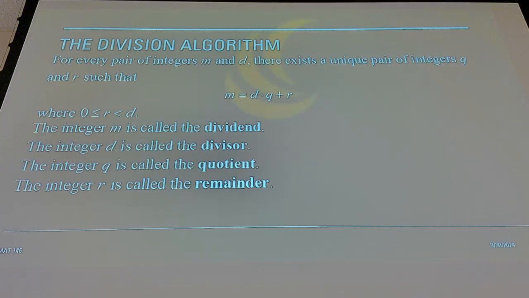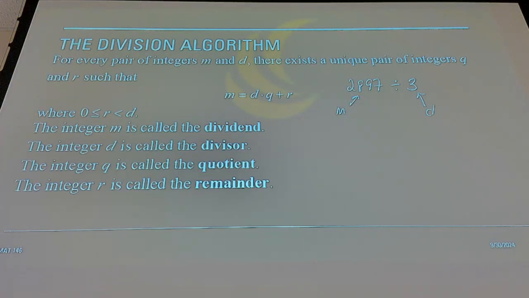Divided by 3. Your 2,897 is your dividend, the 3 is your divisor.